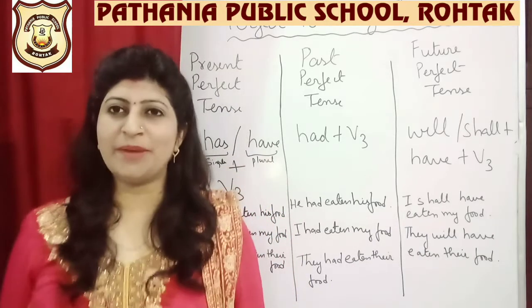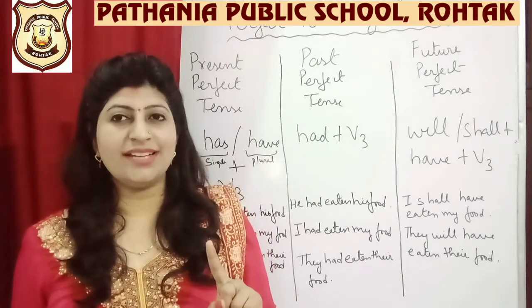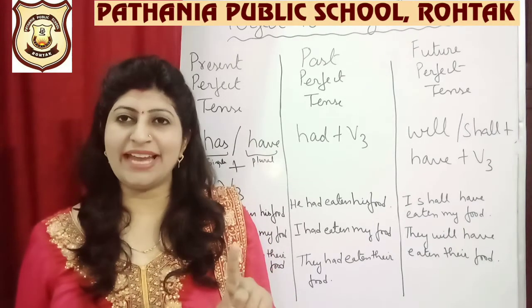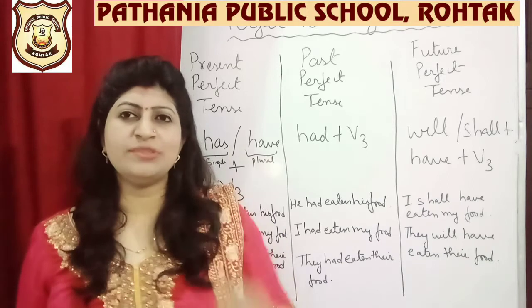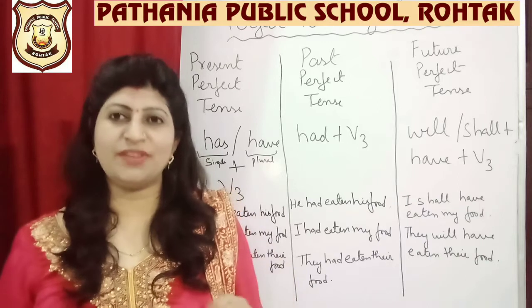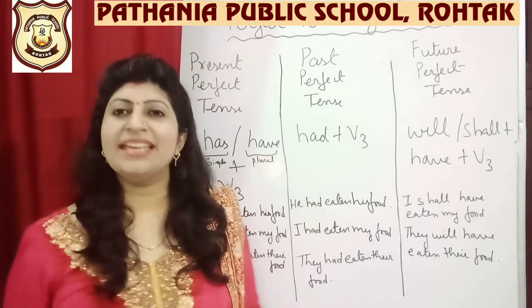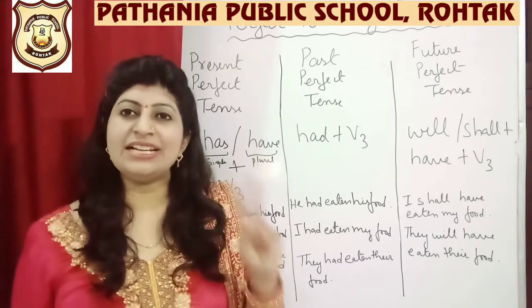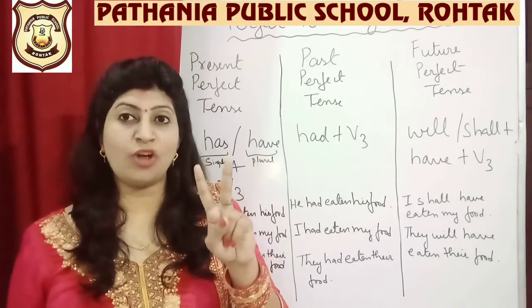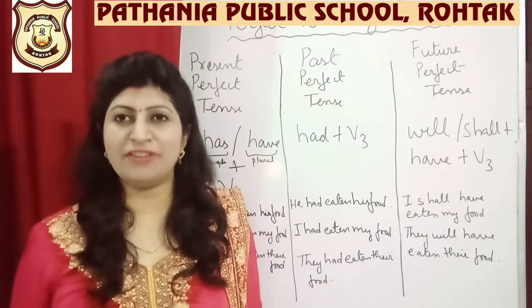Very simple to remember. The first form which we had done, that was your simple form, right? And you remember we were using V1 there in the present and in the future. Only in the past we were using V2 because it was in the second position. Then we saw that in the continuous form, the second topic, everyone is using V1 plus ing.